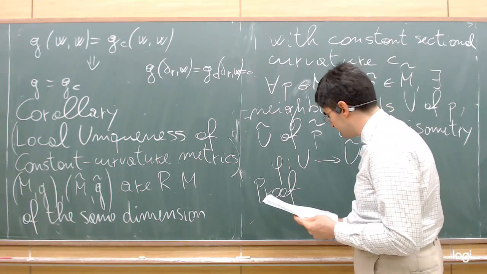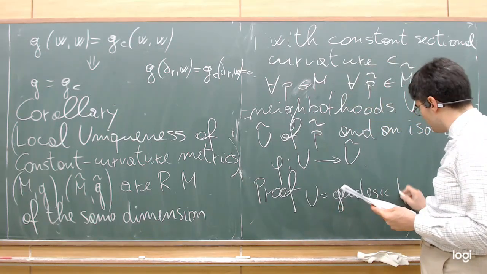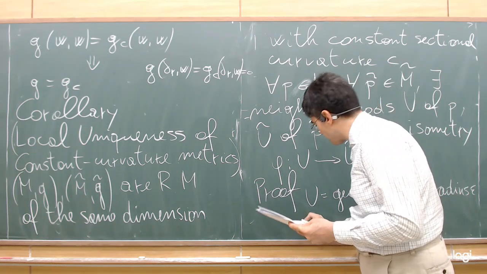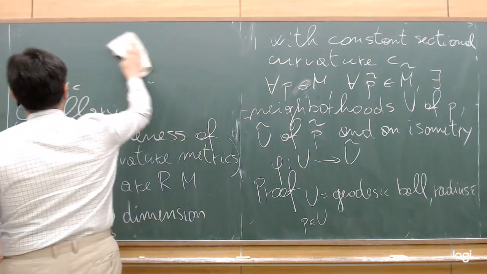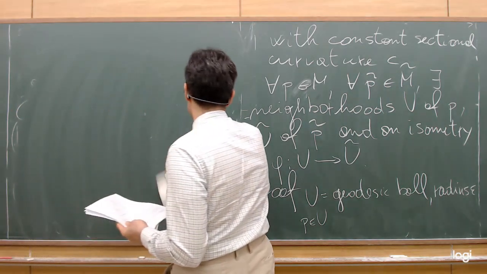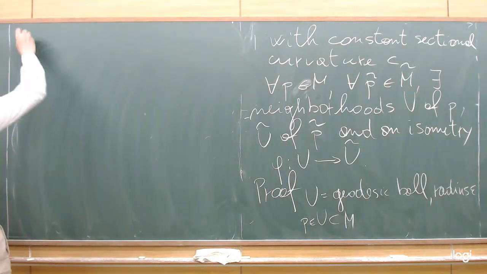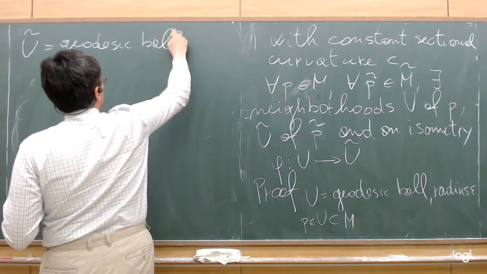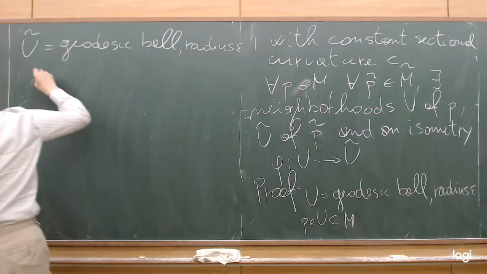So suppose that U is a geodesic ball of small radius epsilon containing P. P is a point of M. And U tilde, a geodesic ball of radius epsilon containing P tilde.